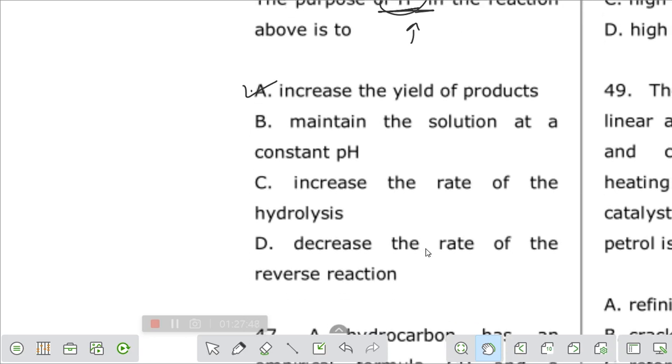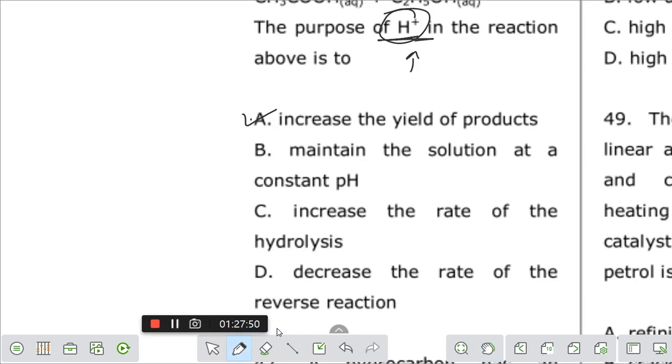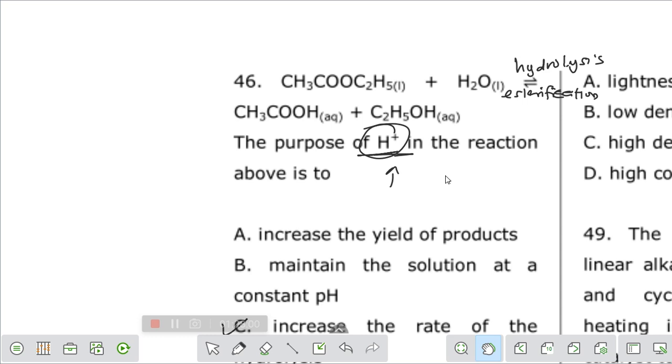So sorry, the purpose of H plus here is to increase the rate of hydrolysis. So that's the purpose. The purpose of H plus is to what? Increase the rate of hydrolysis. This H plus is to be gotten from this H2O. H2O is made up of H plus and OH minus, right? So this H plus inside this water, when it's increased, will increase this forward reaction, which I told you is hydrolysis, Abby.